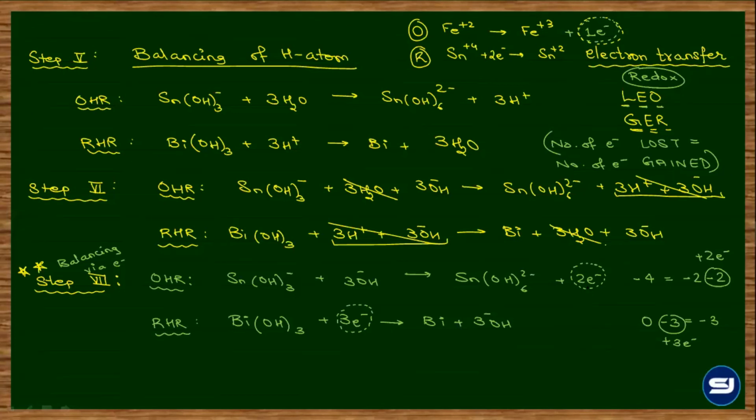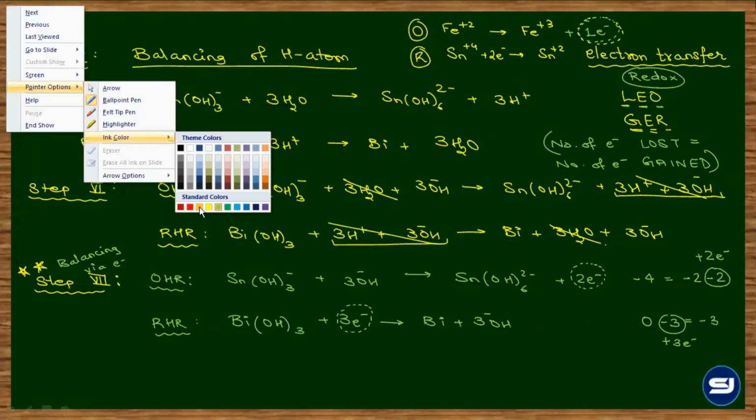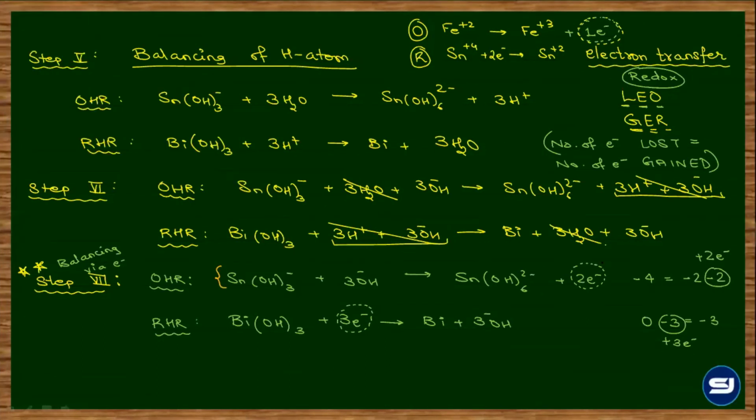2e minus 2 electrons. And how much was the gain? 3 electrons. So now to balance, you have to again take the LCM. The total lost and total gained should be 6. और 6 बनाने के लिए you have to multiply this entire OHR by 3, entire RHR by 2.